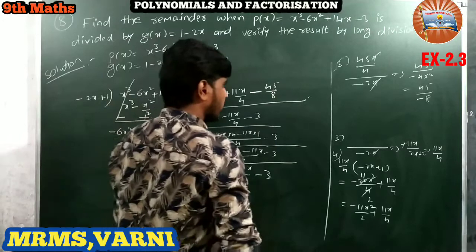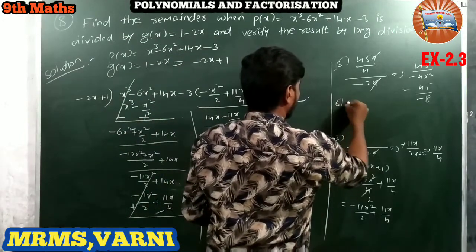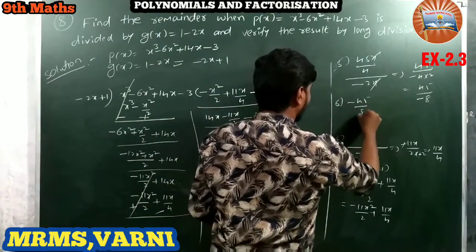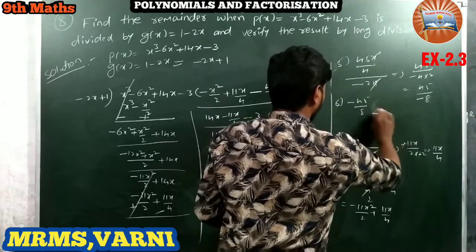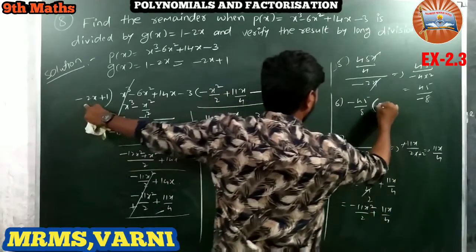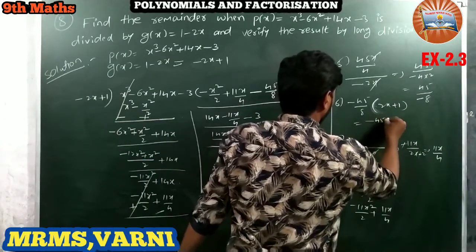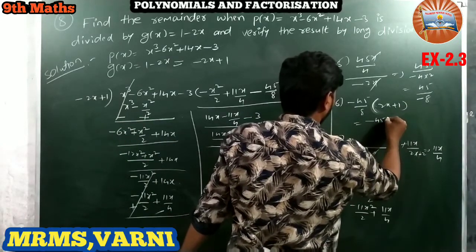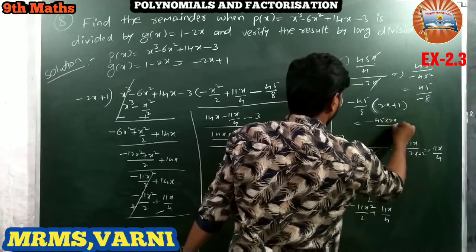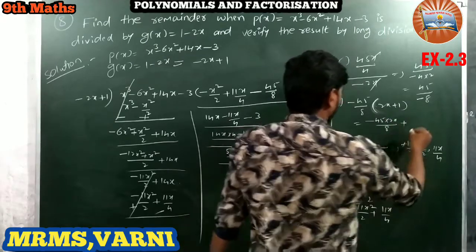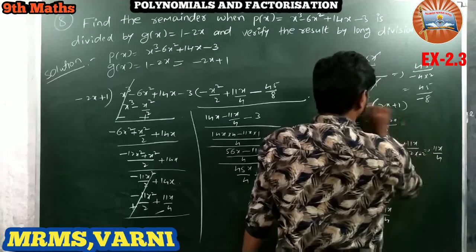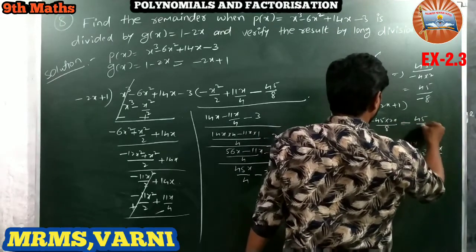Now we have to multiply minus 45 by 8 into minus 2x plus 1. Okay, so what becomes minus 45 into 2x by 8, plus 1 into minus 45 by 8.